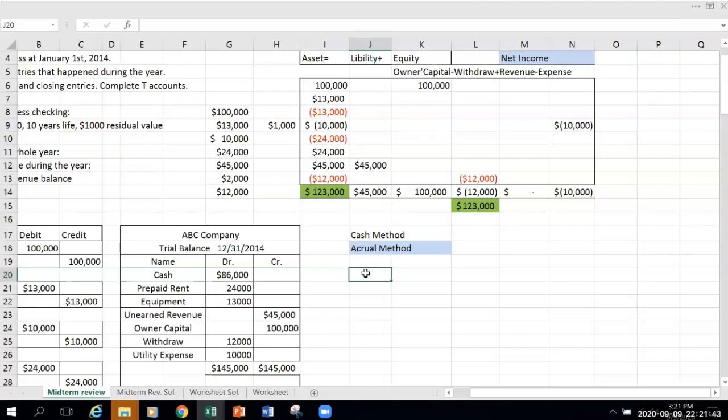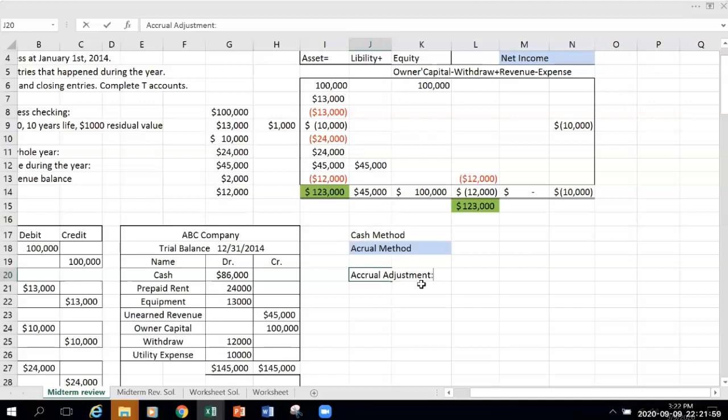The other type of adjustment is accrual adjustment. So accrual adjustment, what is it?